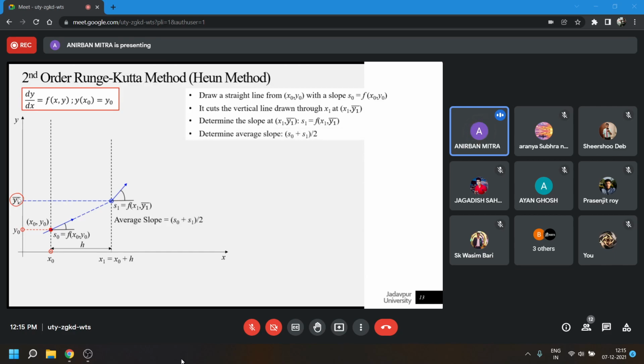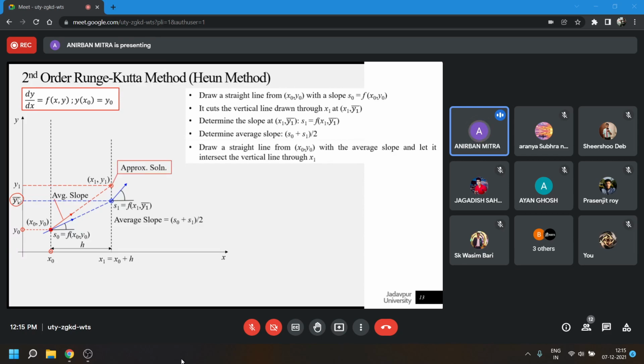Next, we will calculate the average slope. So the average would be S0 plus S1 divided by 2. With this average slope, starting from the point x0, y0, we will draw a line which intersects the vertical line passing through x1. This is basically our next point in the solution curve, that is the approximation of y1.